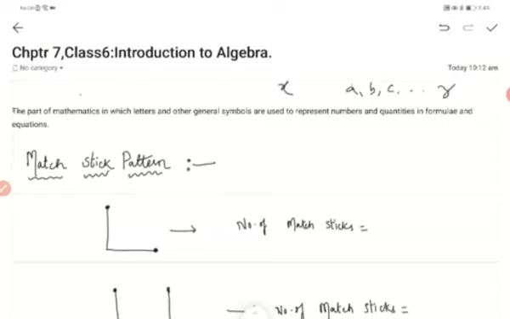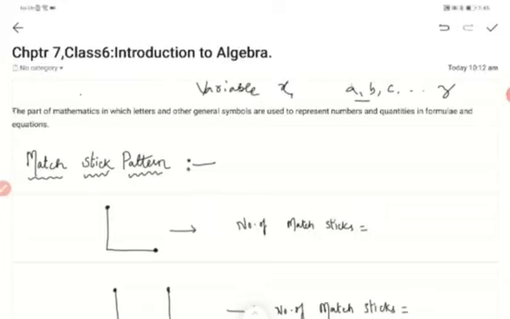Under algebra, there are different uses in geometry, in arithmetic, and all these things together; we use algebra. It's a branch of mathematics which mainly uses the letters A, B, C, and so on, anything, which represent variables. We are going to study about it further.